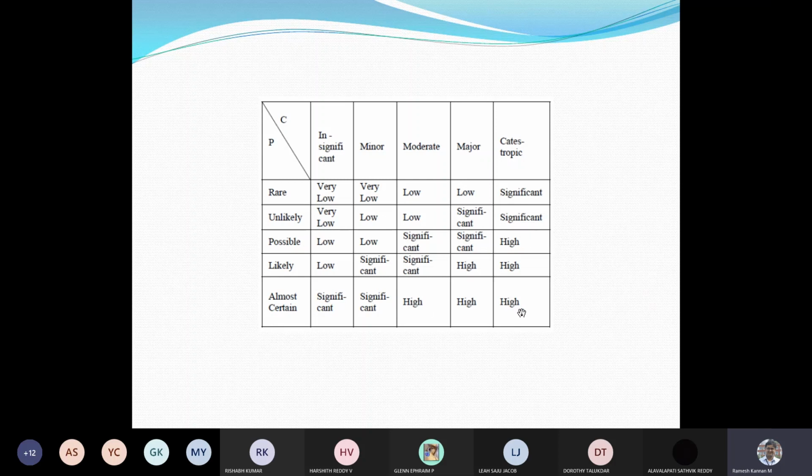And then you can talk about the lower triangle of high. After significant, it is high. So the possibility of catastrophe is pretty high, so we need to take a deep understanding of this. Then likely, even in likely, major is also pretty high, and almost certain, even moderate risk is also pretty high. So this is a risk prioritization matrix.